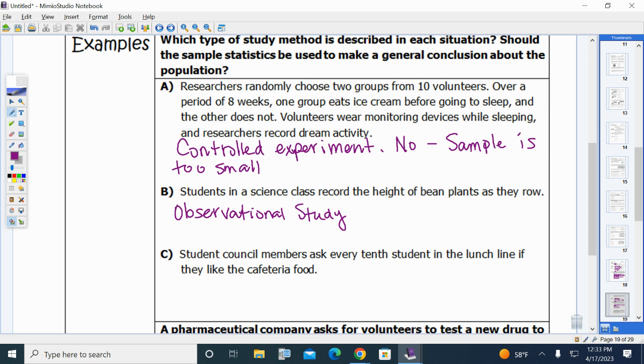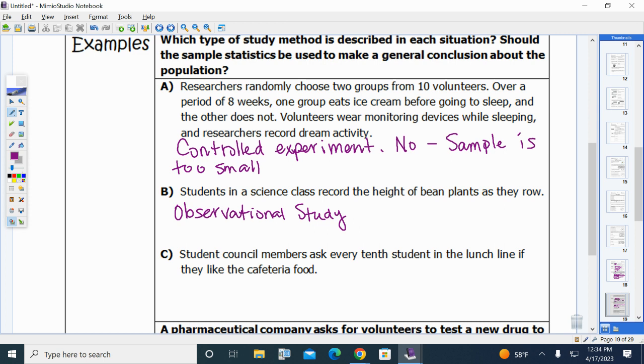Obviously, most of you have been in science classes, and you know that when you are doing a study like this, you're recording things like the amount of daylight, the kind of soil, the temperature, things like that. But if we're just watching and we're recording the height of bean plants, I don't feel like there's anything here that would adversely affect that data.